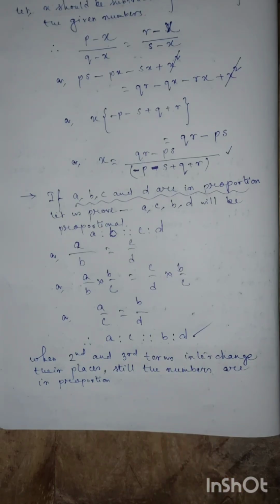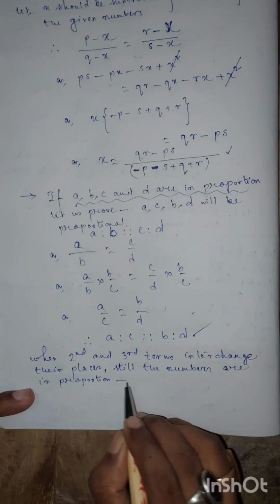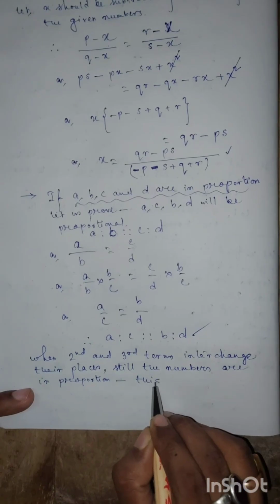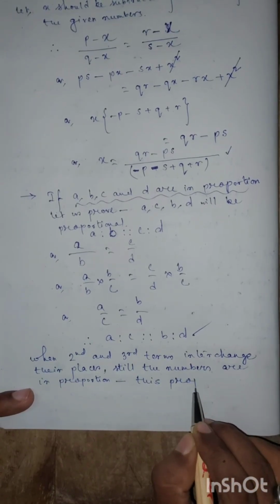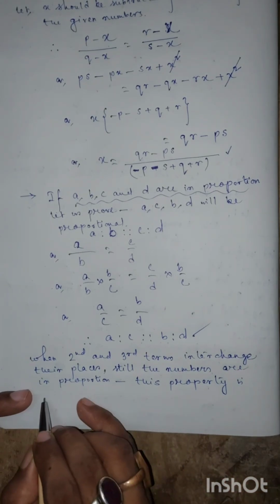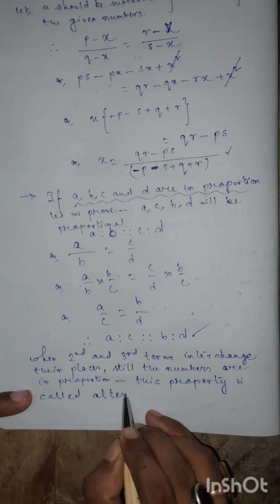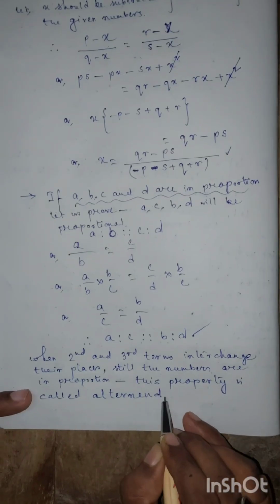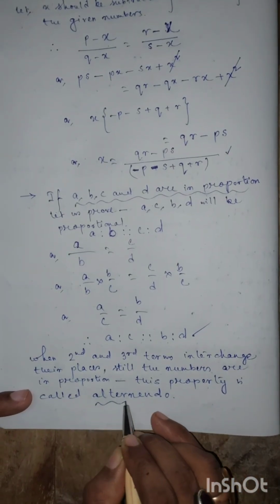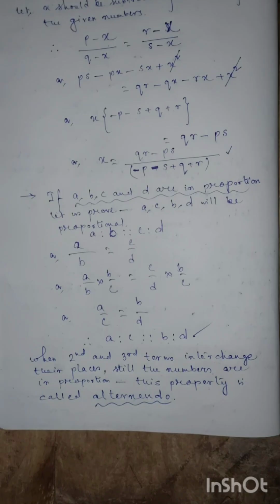This property of proportion is called alternendo.